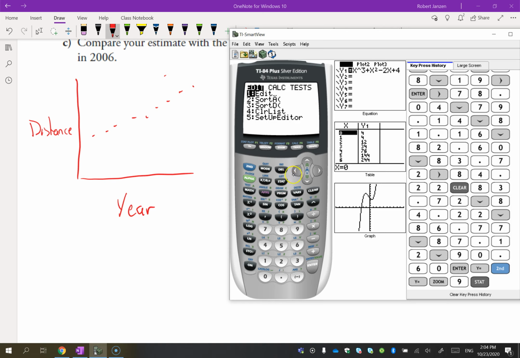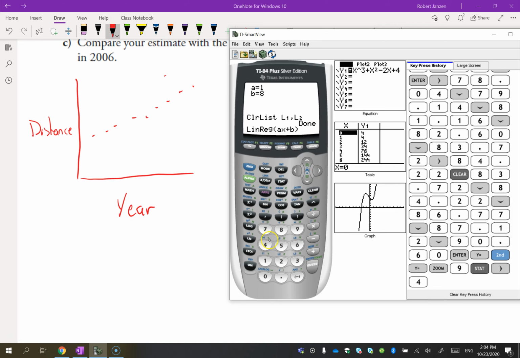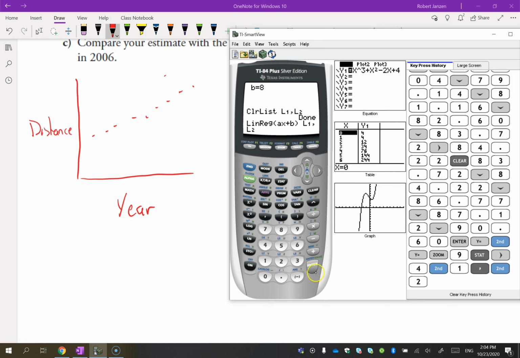So let's go to Stat Calc. We're going to pick linear regression, and we're going to tell it we want it to have L1 and L2. Okay, so there's our equation. Let's write it down.